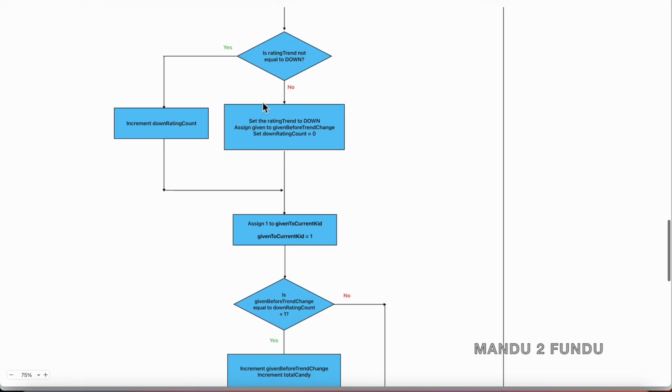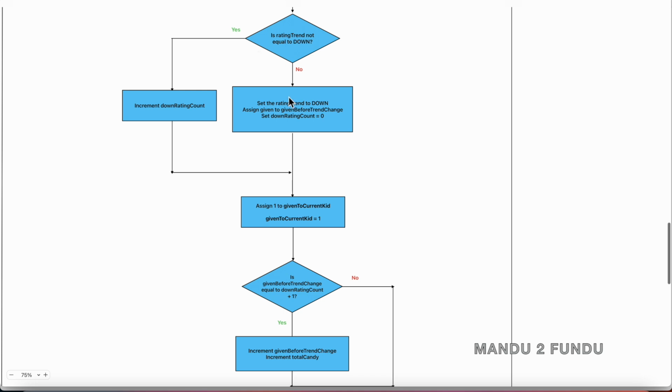The last case is the trending down case. In this case we check whether this is the first time we see the trending down. In that case we have to set the rating trend to down, and then assign the given to current kid variable to the given before trend change, and then we set the down rating count to 0.